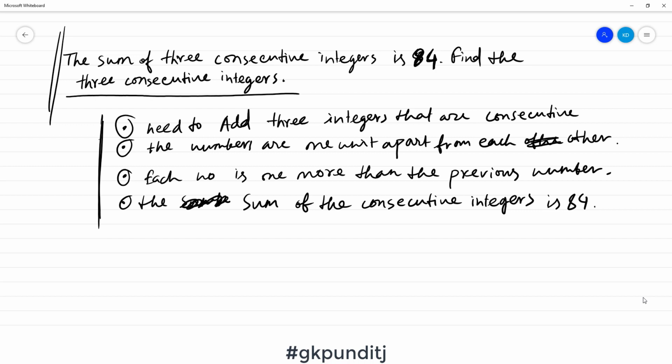Let n be the first integer. The first integer is n, the second integer is equal to n plus 1, and the third integer is equal to n plus 2.